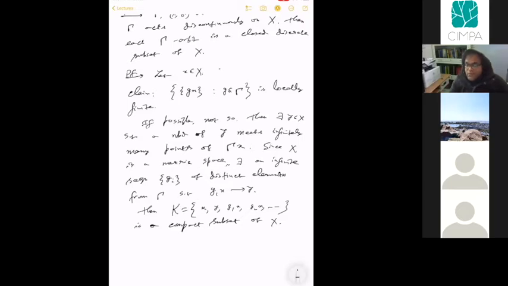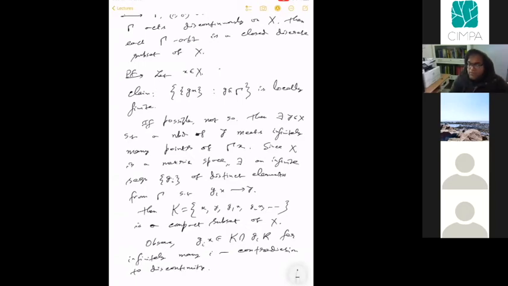But observe that g_i x is in K ∩ g_i K for infinitely many i. This is a contradiction to discontinuity.